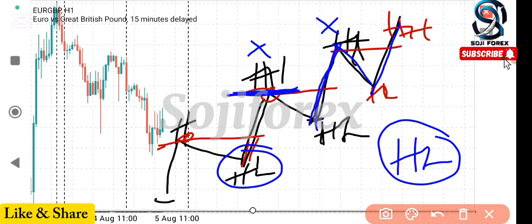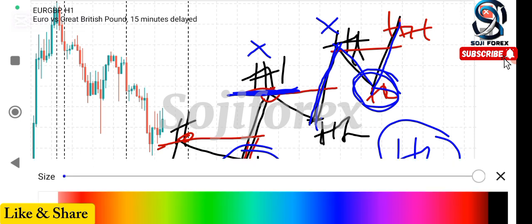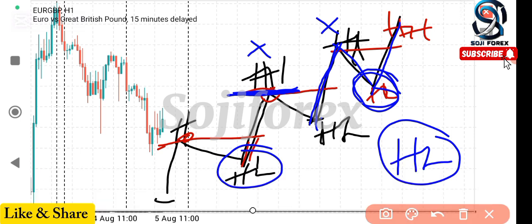But in an uptrend, the price must not take the liquidity of the higher low. This liquidity of the higher low must be maintained. This point must remain constant, which means that price is not permitted to return from this upside and close below this structural point here.